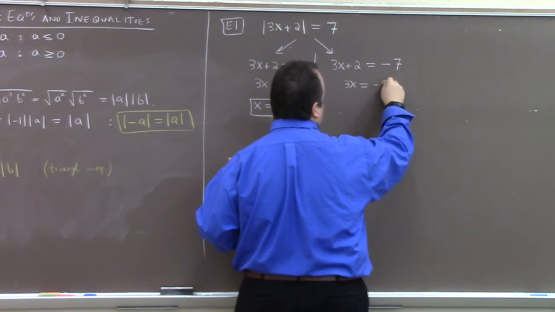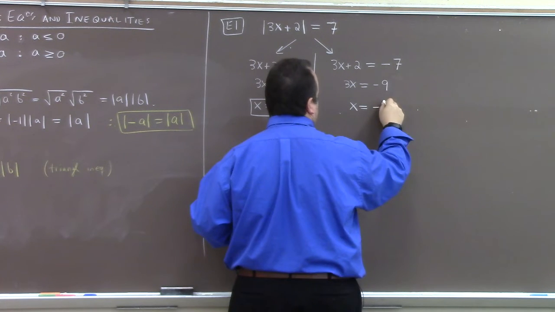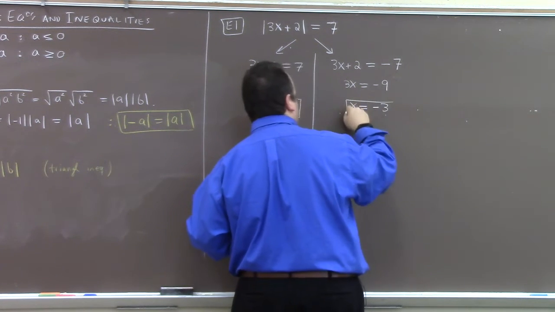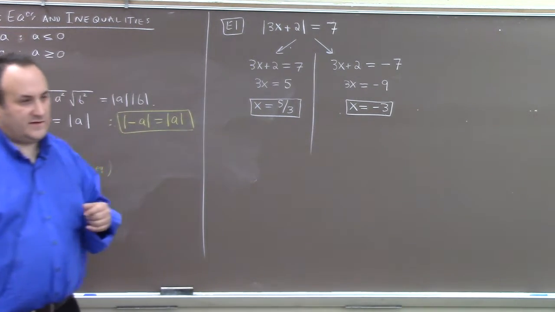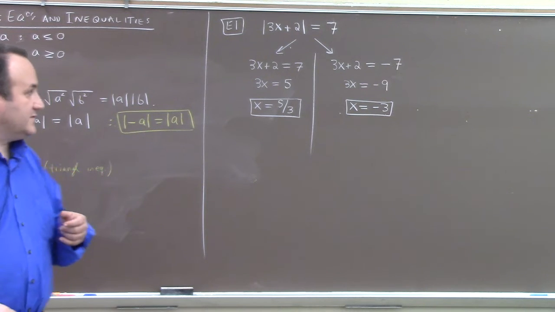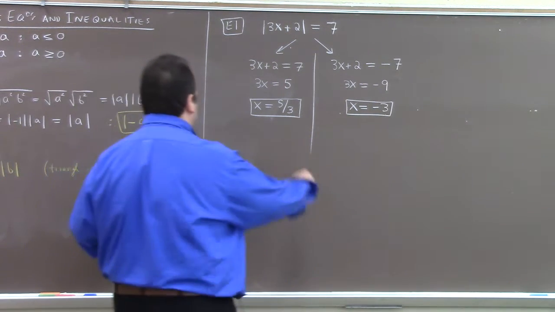It's minus 9. So x is equal to minus 9 over 3, which is minus 3. So there are two ways to solve this equation. We could either put x equals 5/3, or we could put x equal to minus 3, right? Let's check our answers.